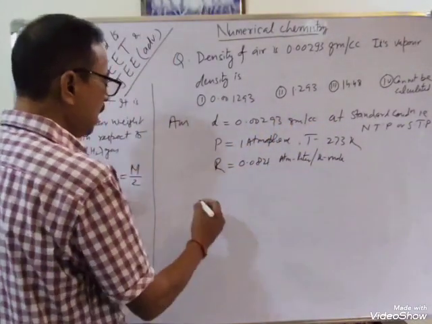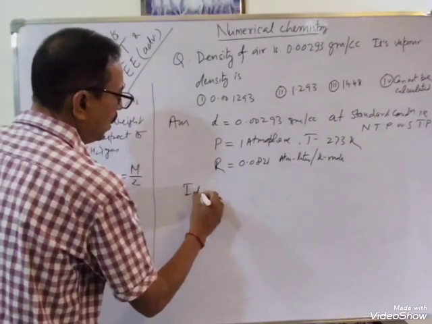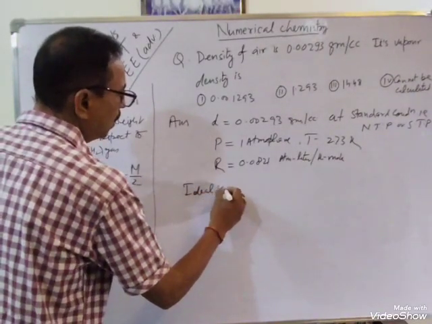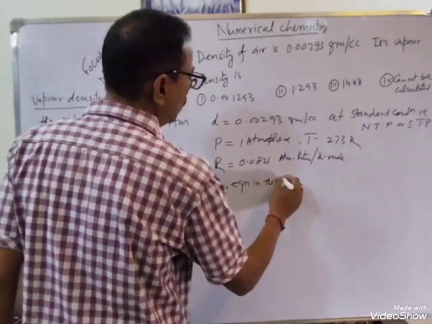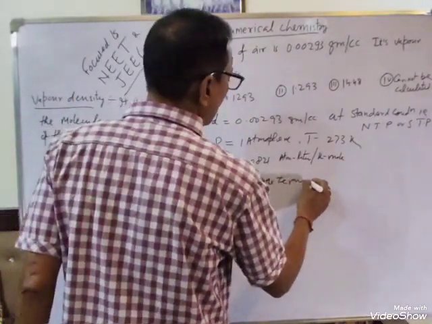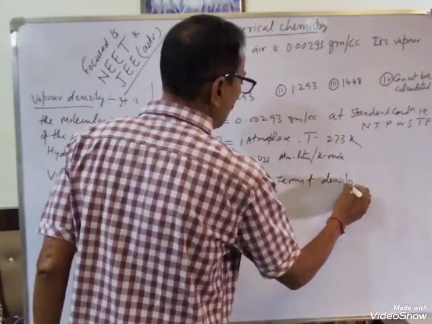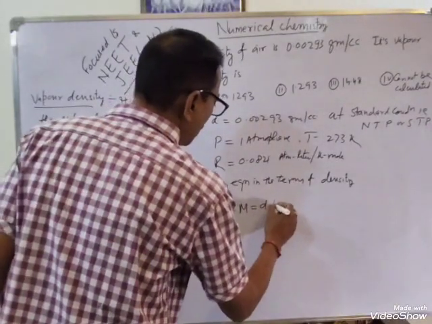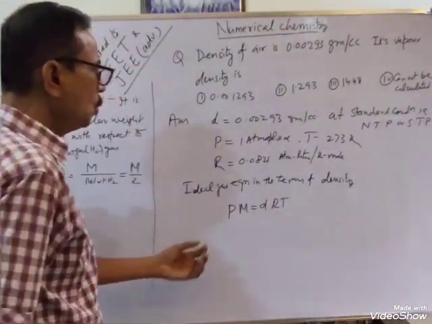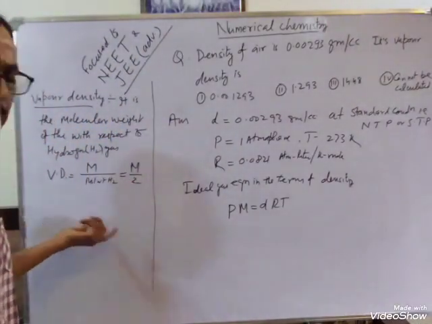Previously I told you the ideal gas equation in terms of density: PM equals dRT. So you have to find the molecular weight first, then divide by 2 to get the vapor density.